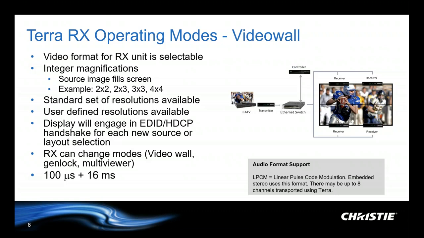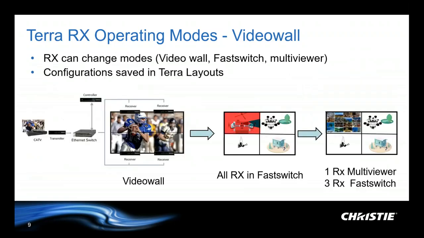Now, one very interesting thing that you can do in Videowall mode is change the mode of the receivers at any time. You can change the mode on the receivers from a Videowall mode, where you have a single image spread across, in this example, a 2x2 array.